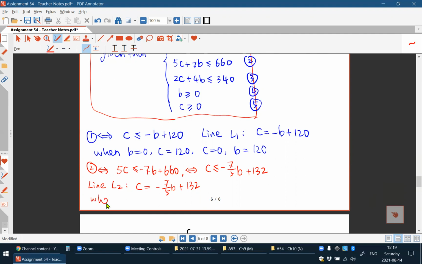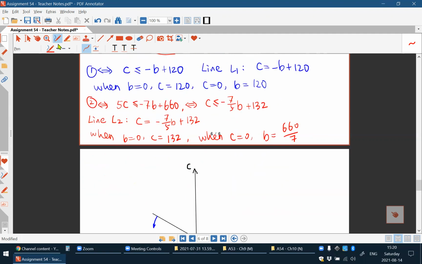So when the x coordinate B is 0, C is 132, and when the vertical coordinate C is 0, B is 660 over 7, right?